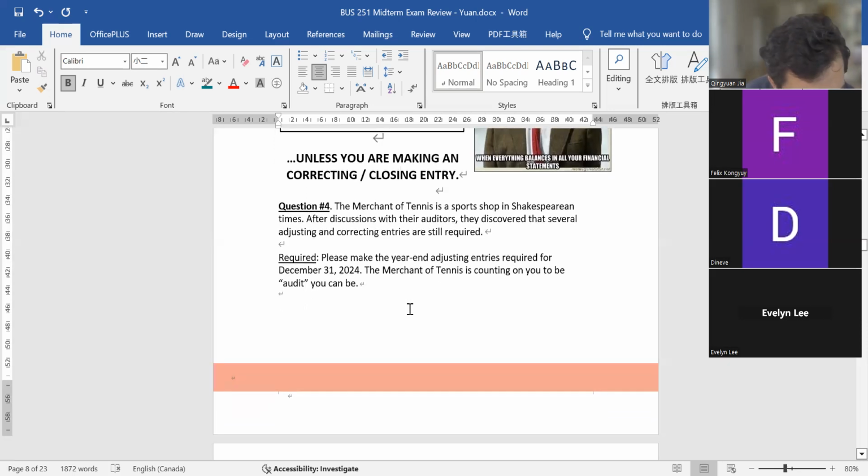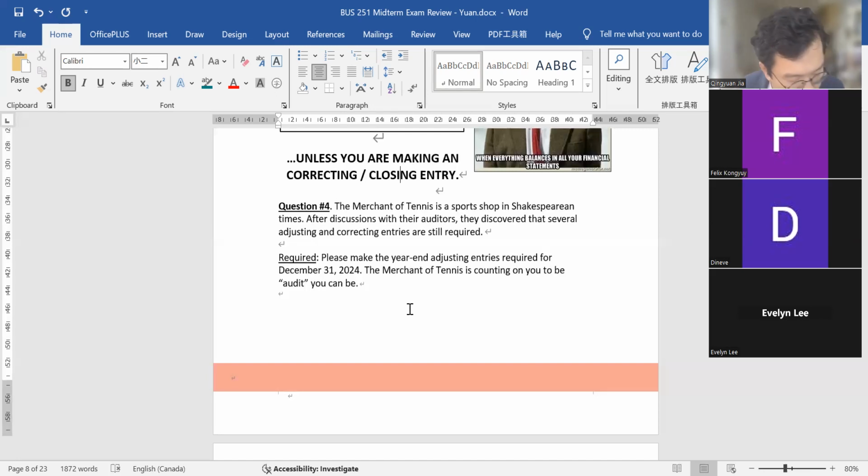The Merchant of Tennis is a sport shop in Shakespearean times. After discussion with the auditors, they discovered that several adjusting and correcting entries are still required. So what is required? Please make the year-end adjusting entries required for the last day of 2022. The Merchant of Tennis is counting on you to be on it.